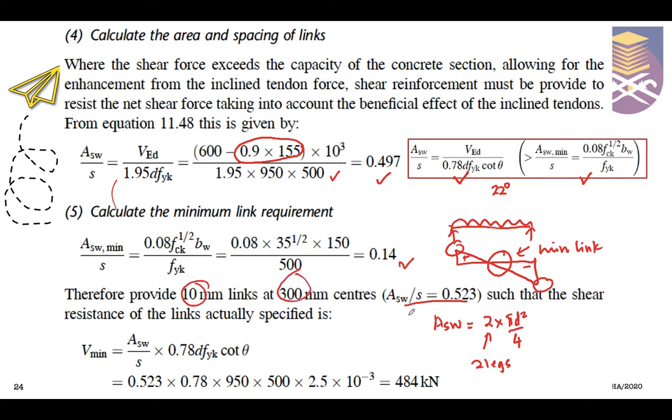You can see here that the provided value must be larger than the required value. The required value is 0.497, so the provided value is ASW over S equals 0.523, such that the shear resistance of the links is specified as V minimum, k equals ASW over S, k times 0.78 d fyk cotangent theta.